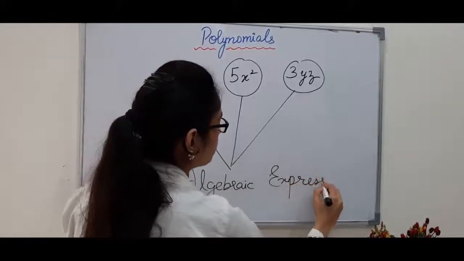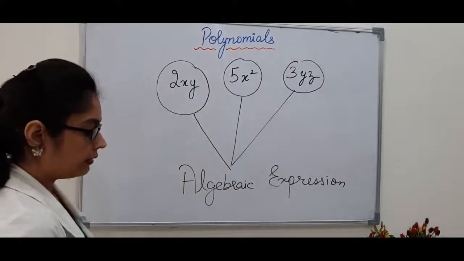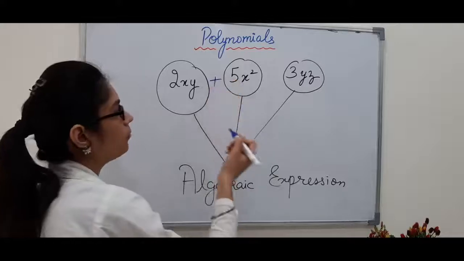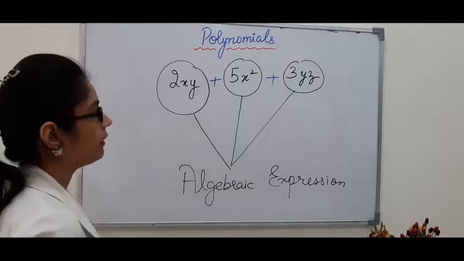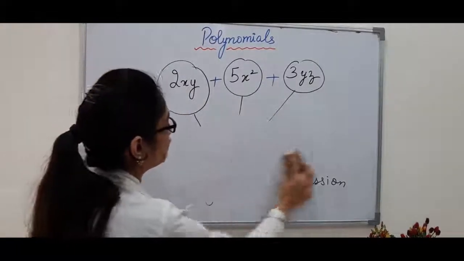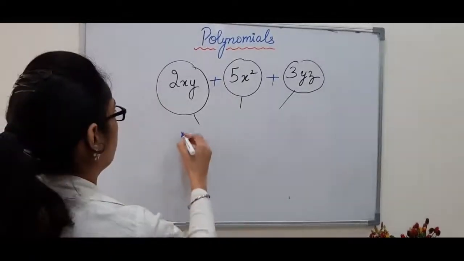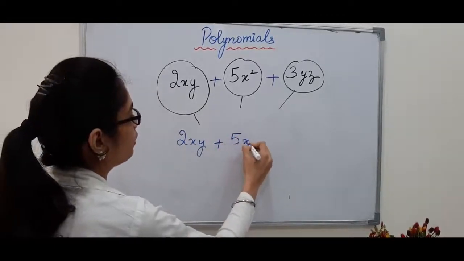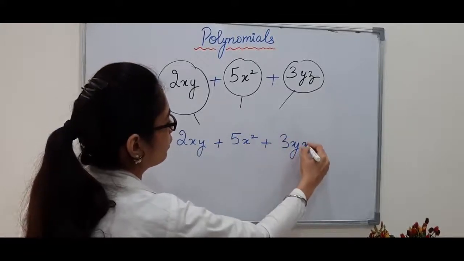So now what is this term polynomials? What I'll do, I'll just add a sign of plus here and plus here also. So what will I get now? If I add a sign of plus, it will be 2xy plus 5x square plus 3yz.